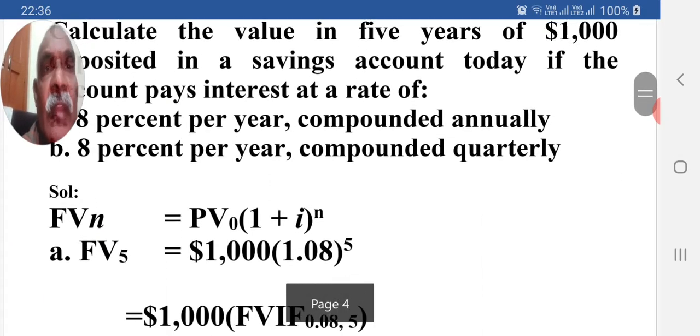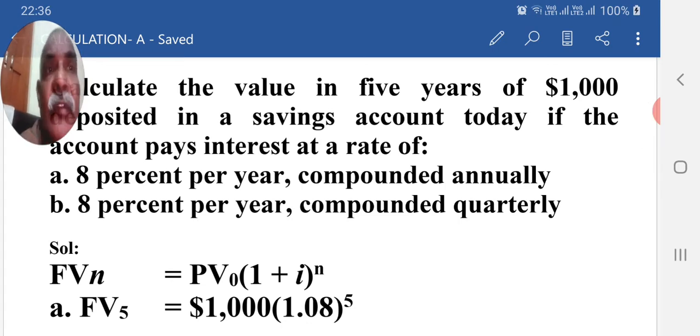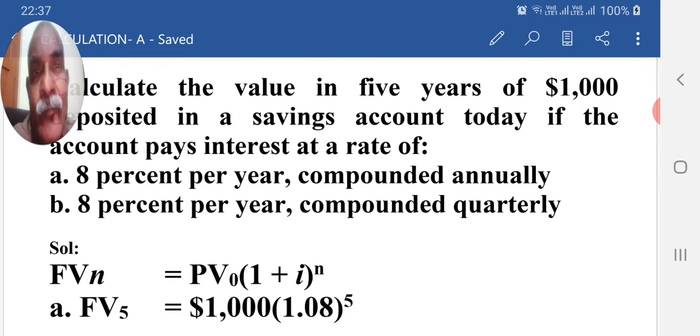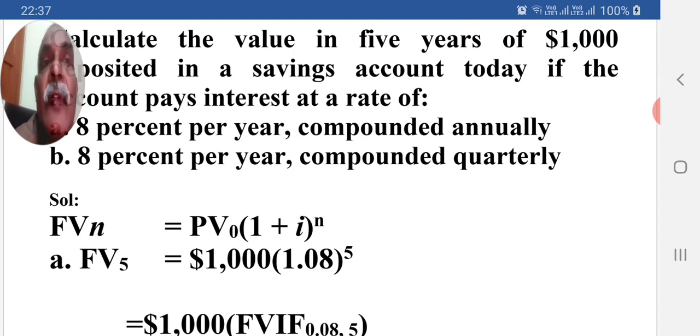Now you see this example. Calculate the value in 5 years of 1,000 deposited in a savings account today if the account pays interest at the rate of 8% per year compounded annually, and 8% per year compounded quarterly. Now you see, future value is equal to present value multiplied by 1 plus I to the power n.